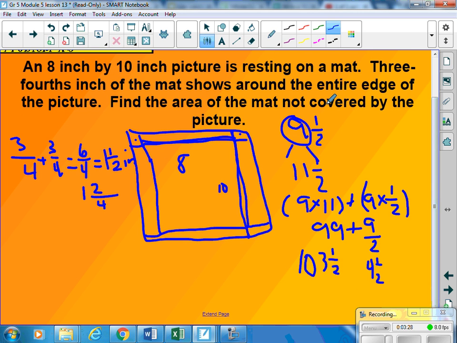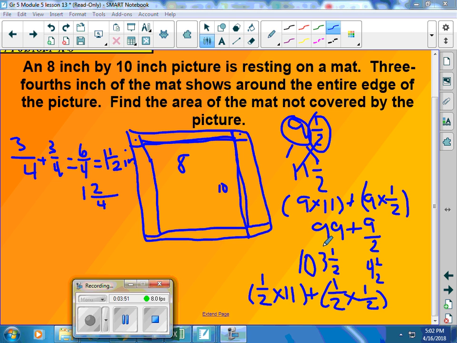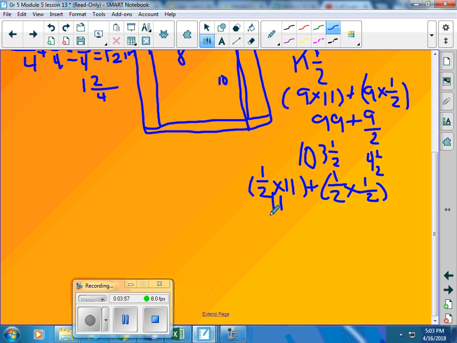But I'm not done. I need to multiply by 1/2 now. So I'm going to distribute 1/2 times 11 plus 1/2 times 1/2. So here I get 11 halves plus 1 times 1 is 1, 2 times 2 is 4.